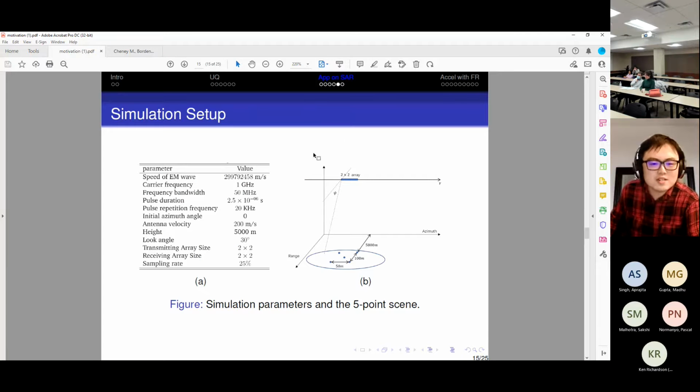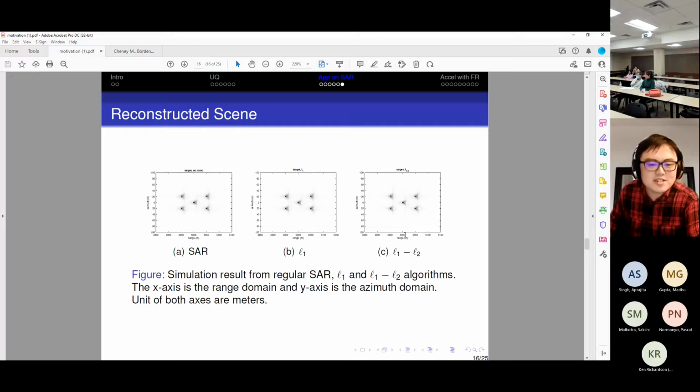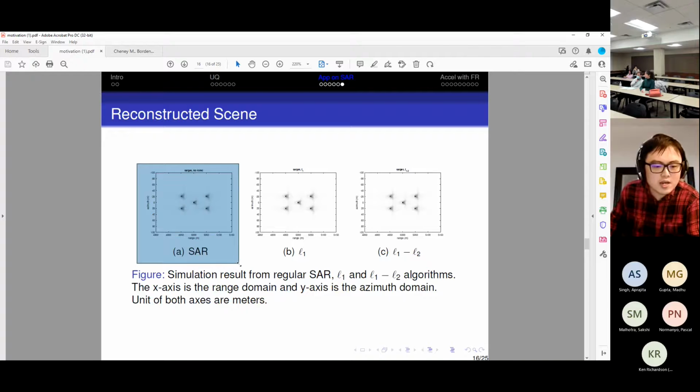So I performed some experiments using this setup, and I achieved a recovered image here. The first image is the traditional SAR imaging technique, following the Shannon-Nyquist sampling rate.